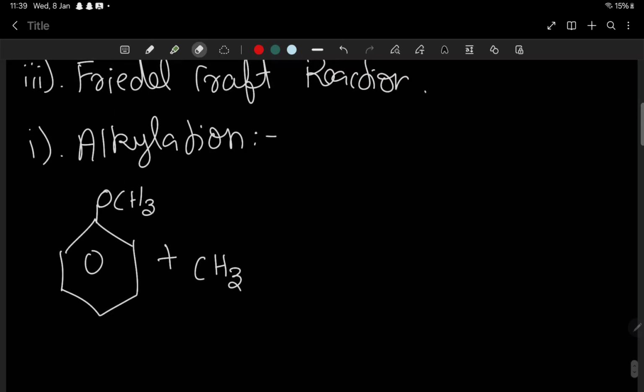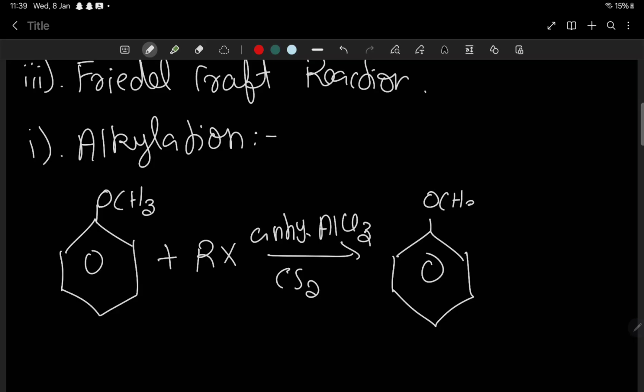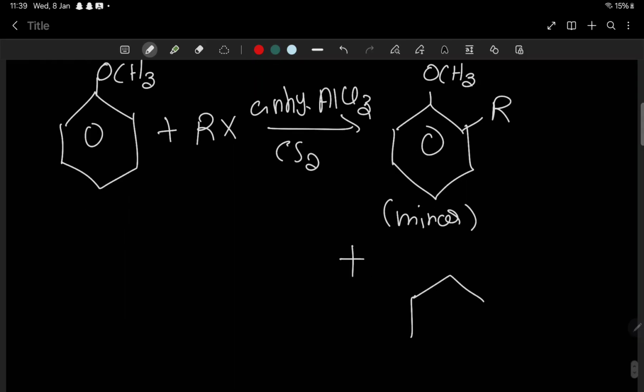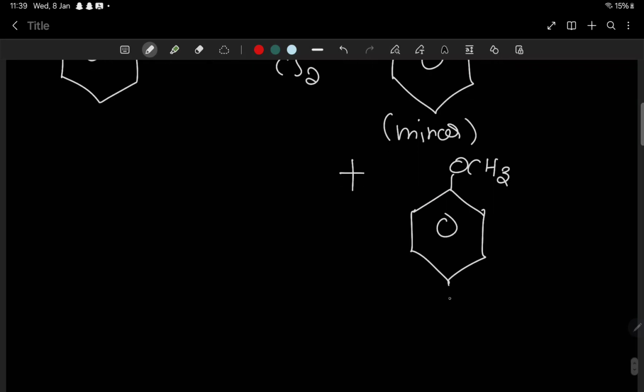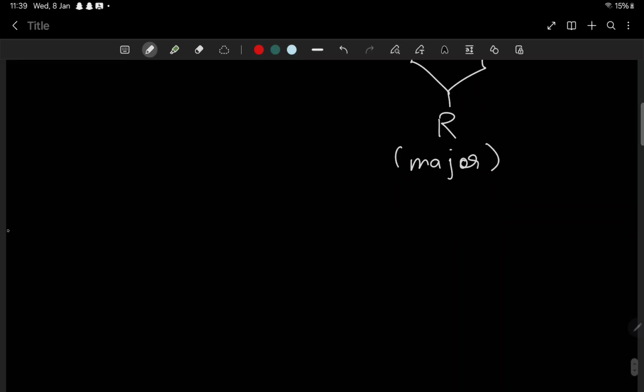RX in the presence of anhydrous AlCl3 in CS2 medium. We get OCH3 with R in the ortho position as minor, or in the para position as major.